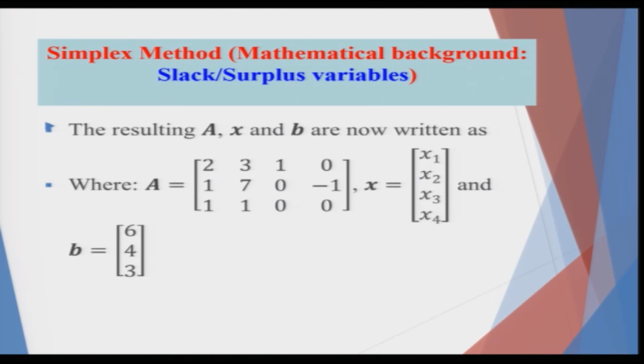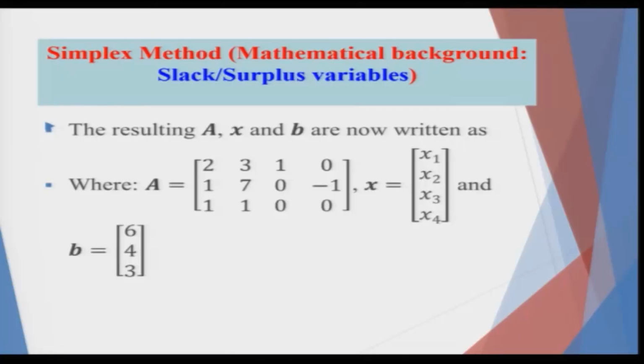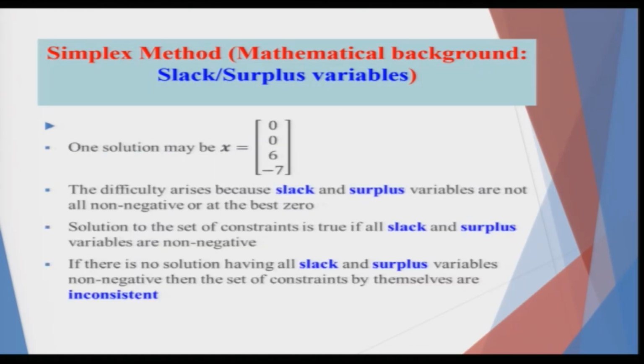Similarly, for the second equation the values are 1, 7, 0, minus 1, because when you are converting the greater than sign and the less than sign, you have to bring the equality. And the third equation is 1, 1, 0, 0, with 0, 0 being for x3 and x4. So, the b values are 6, 4, 3, and if I want to solve the problem, I can do it like this. One solution can be 0, 0, 6, minus 7, that means the values of x1, x2 are 0, and the slack and surplus values are given as 6, minus 7.